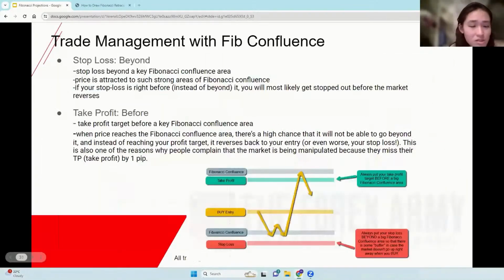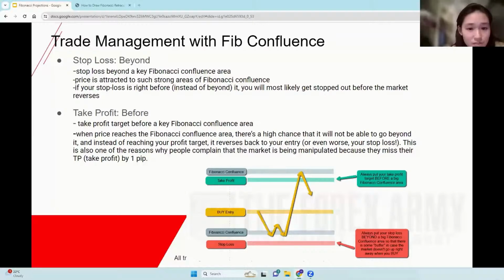Following our Fibonacci techniques, trade management is also super important. What we typically recommend is to place your stop loss beyond your key confluence area and your take profit before it.